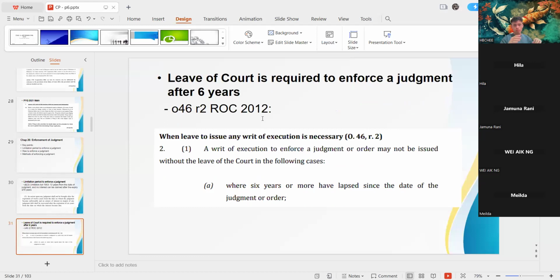Okay, and also under Order 46 Rule 2, if you want to enforce a judgment for which more than 6 years have lapsed, you have to apply for leave of court to enforce the judgment. That is the so-called writ of execution.